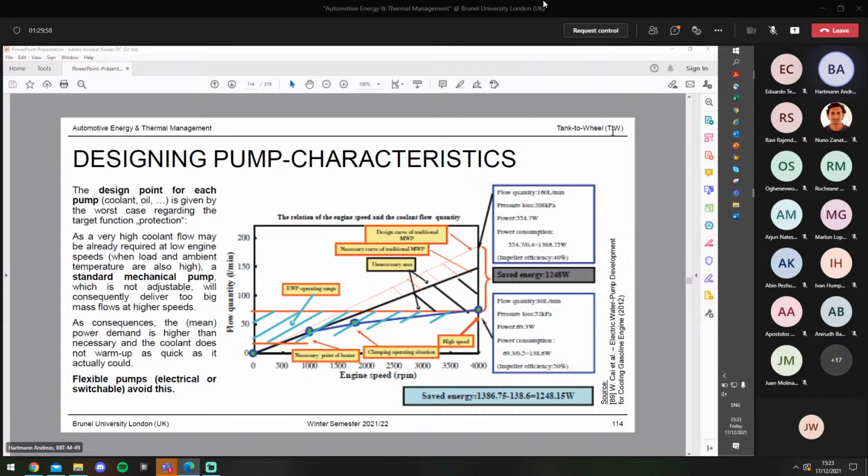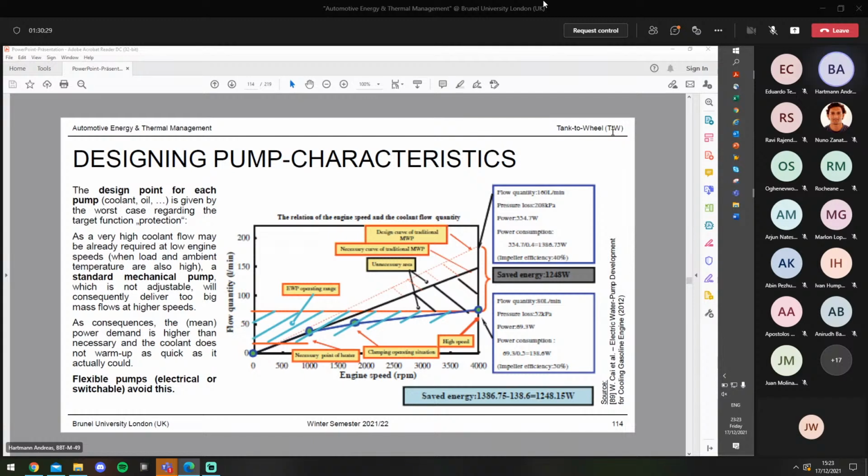So just imagine you're running on a very little speed with a very high load, riding uphill, let's say, in the highest gear, and therefore creating a lot of waste heat. But anyway, the speed of the engine and the coolant pump is very little. So this is the operating point for which you need to design such a pump.